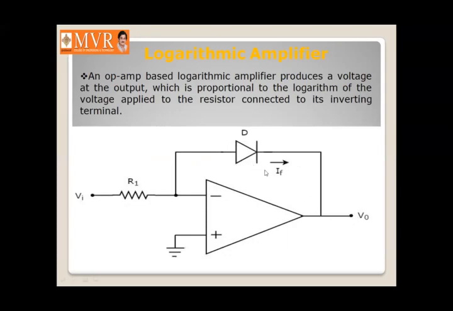In the circuit itself, we are assuming that the current flowing through the diode is IF. So we are not writing 0 minus V0 divided by the resistance; we simply write IF.